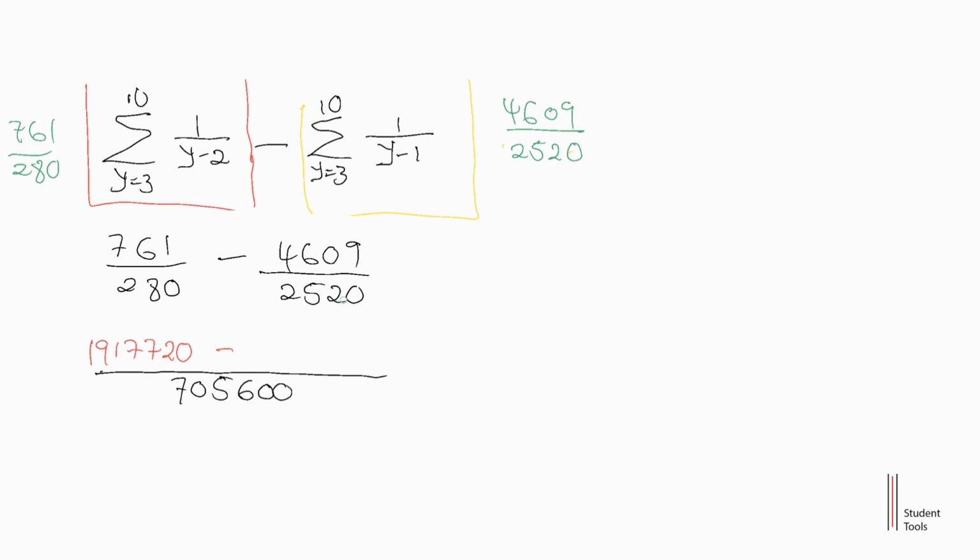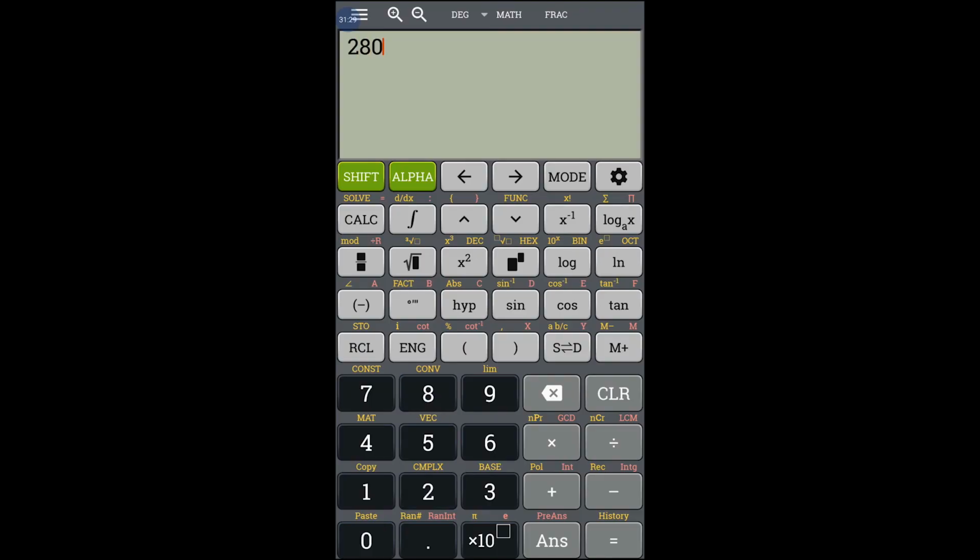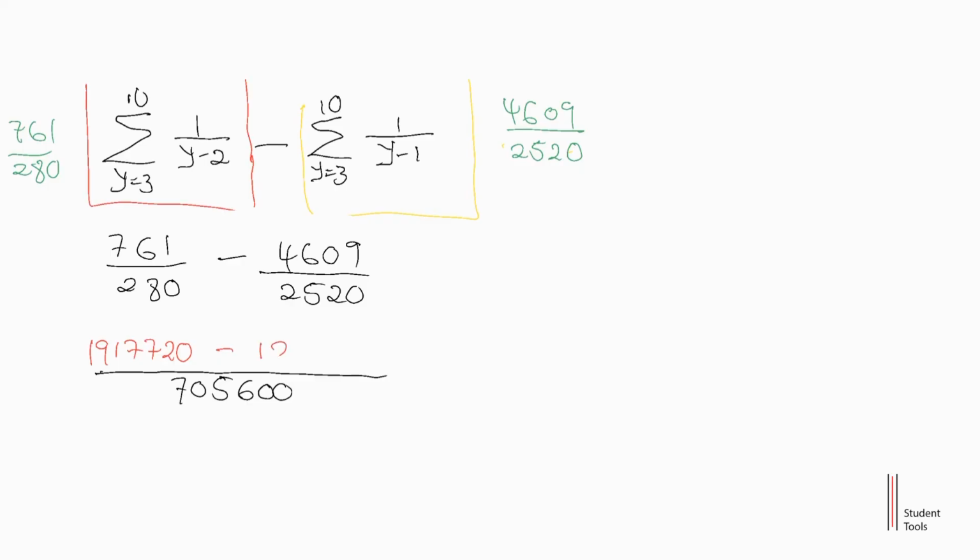705,600 divided by 2520, that is obviously 280. So 280 multiplied by 4609. That is 1,290,520.